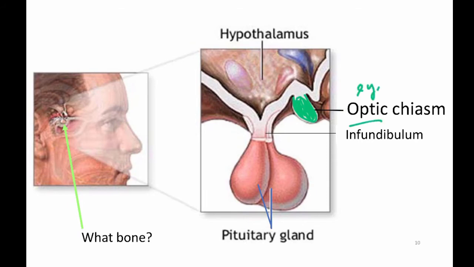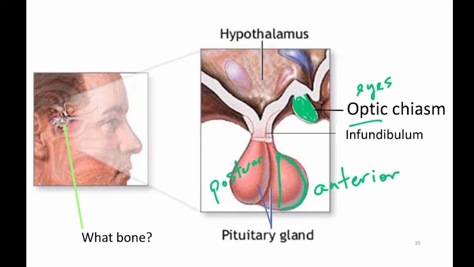Your eyes are in the front of your head, and so whichever lobe of the pituitary is closest to the optic chiasm in a sagittal section is going to be the anterior. And the other is going to be the posterior lobe.